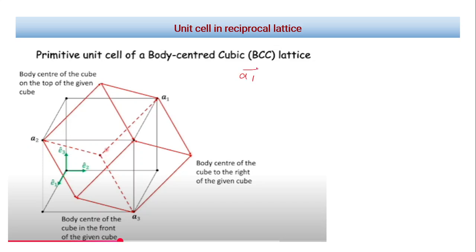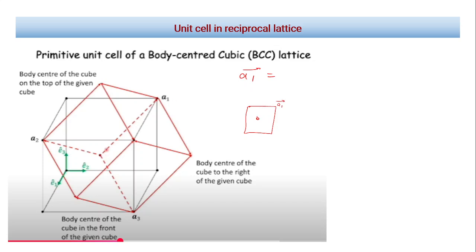this A1. How will I reach A1? Let's take this corner as the origin, and then this is in the center of the body. If I see the top view, I am taking the origin at the body center atom, and my A1 is sitting here.